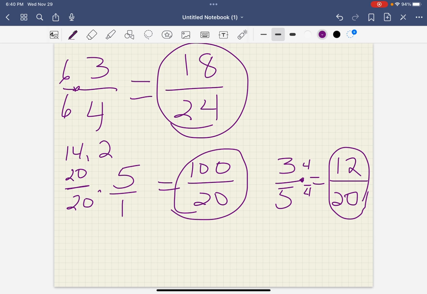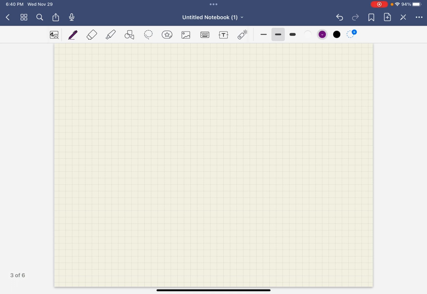So now if you look on page 53, it says reduce 30 over 45 to lowest terms. So what's a number that you can think of that goes into 30 and into 45? Okay, so if it ends in 0, 5 has to go into it. And if it ends in 5, 5 has to go into it. So if we divide this by 5, we also divide this by 5.